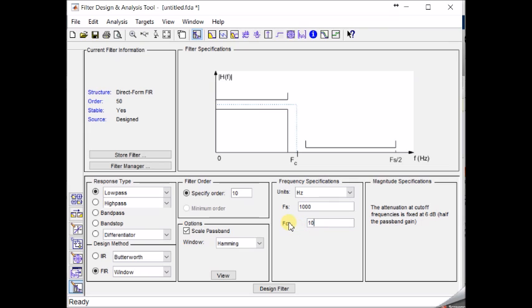So we want to pass everything in the signal below 10 hertz while suppressing everything in the signal above 10 hertz. And the last specification is this filter order, which is the length of the filter in samples. A common practice is to choose this filter order based off of the cutoff frequency that you use.